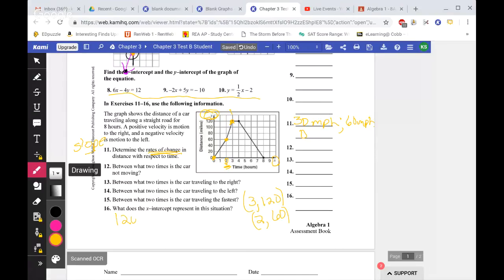So we have 120 minus 60 over 3 minus 2. So the change in Y over the change in X. And that's 60 over 1, so that's 60 miles per hour.